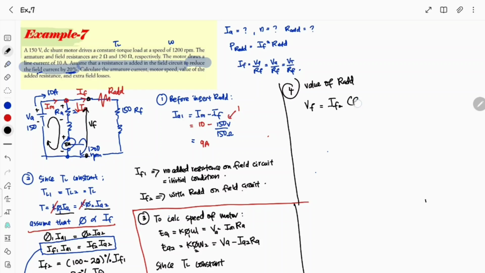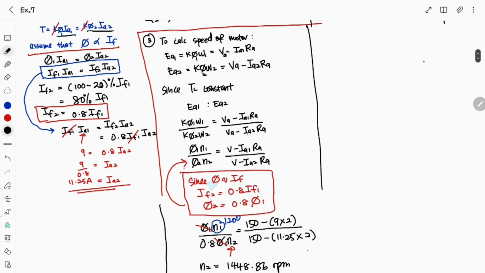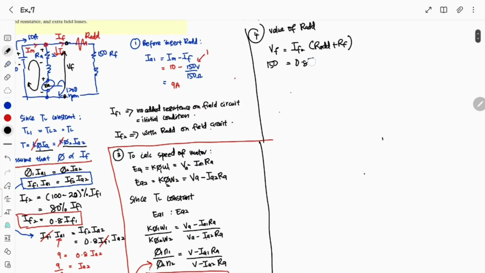IF2 times RF plus RF. VF, this point, same point here, same point here, so your VF is 150 volt. What is your IF2? IF2 is this one, 0.8 IF1. IF2 is 0.8 IF1, and the RF is the one that we need to find, and your other RF is 150.